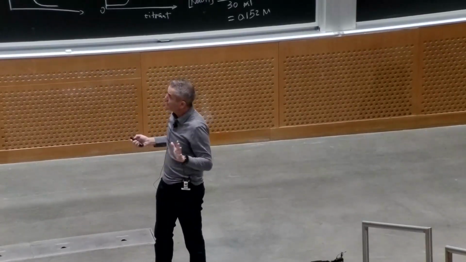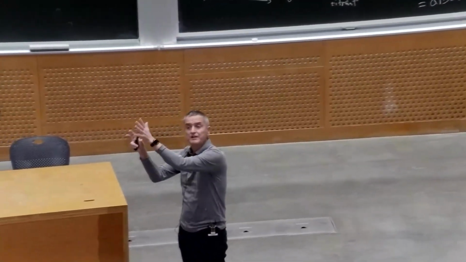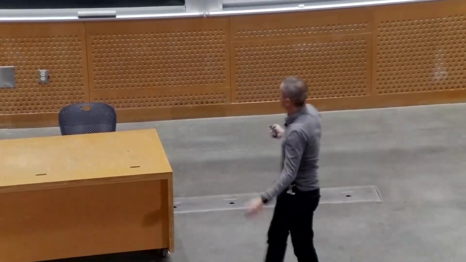Even if you maintain the stock of capital constant, the denominator is rising at the rate of population growth. So in order to maintain the capital per person constant, you need to deal with the growth of the denominator as well. And that means you also need investment to match the increase in population so that you can keep the capital per person constant. Okay? So that's a modification.